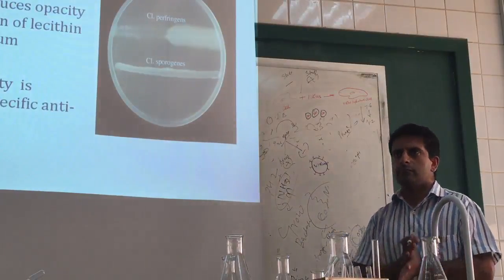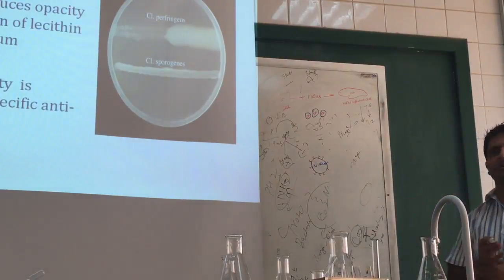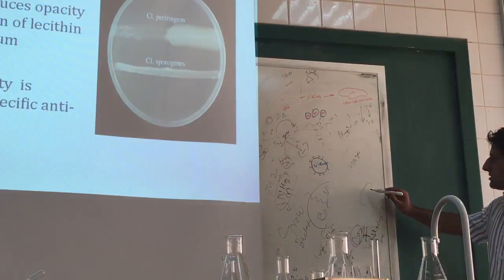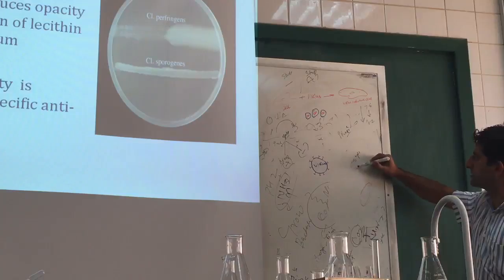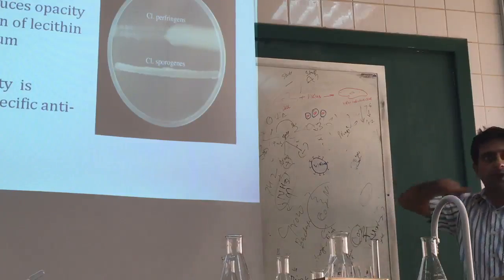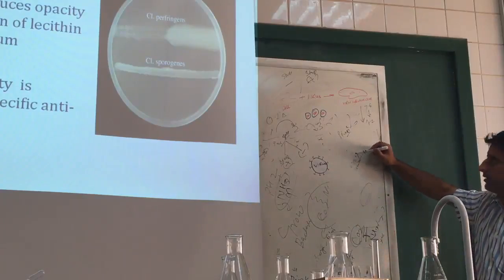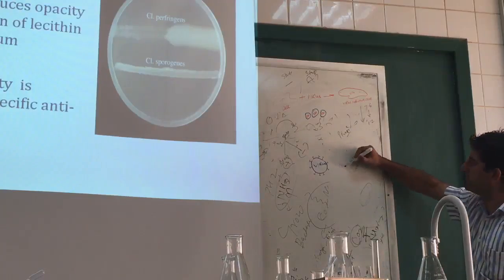Okay. Lecithin is a component of cell membranes. So in this media we put the egg yolk. This egg yolk contains lecithin, okay? And when we allow Clostridium perfringens to grow in this culture media, the bacteria produces the enzyme lecithinase.